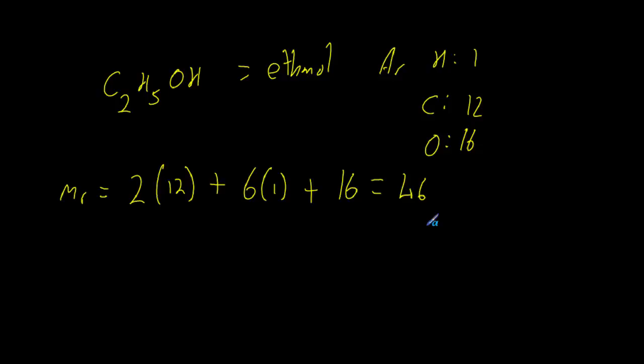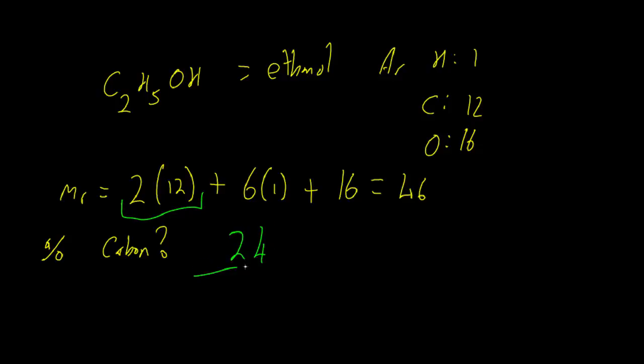And if I asked, what is the percentage composition of carbon in ethanol, what we're going to do is take the total mass of carbon in ethanol. And that is not 12, because we have 2 carbons. So it's going to be this here, which is 2 lots of 12, which is 24.